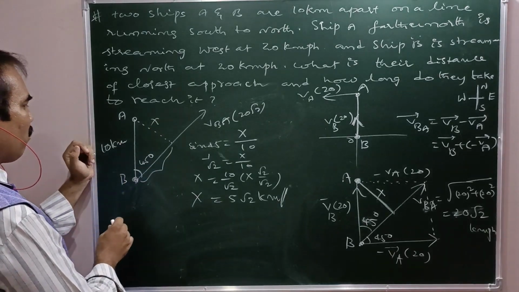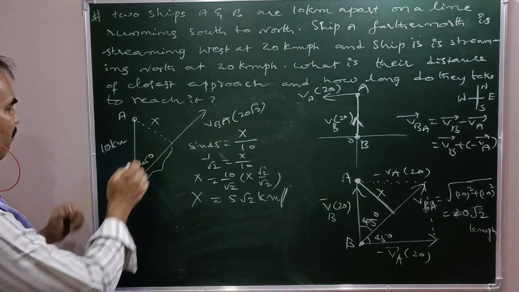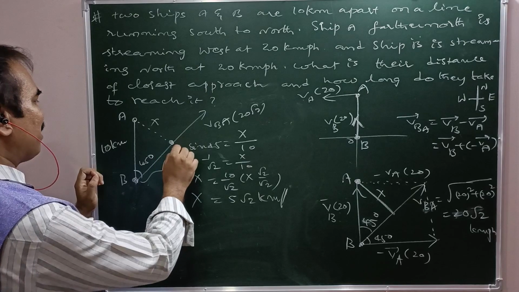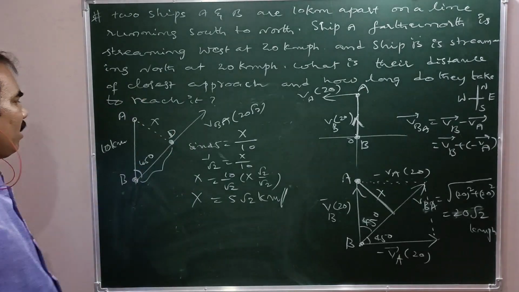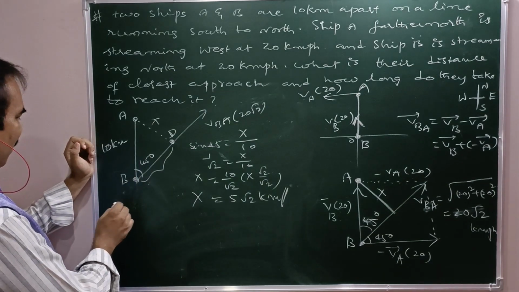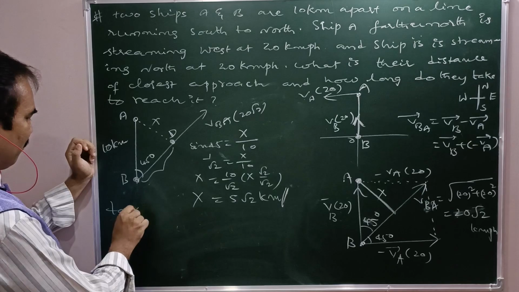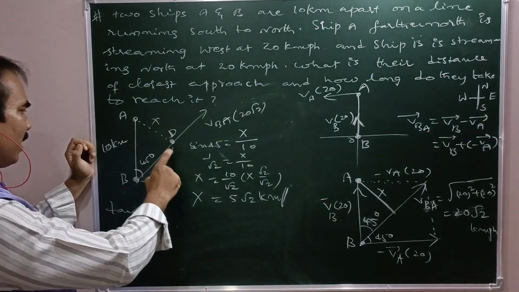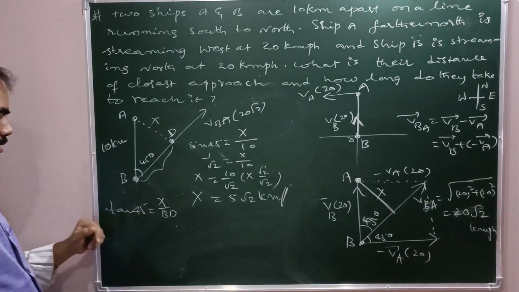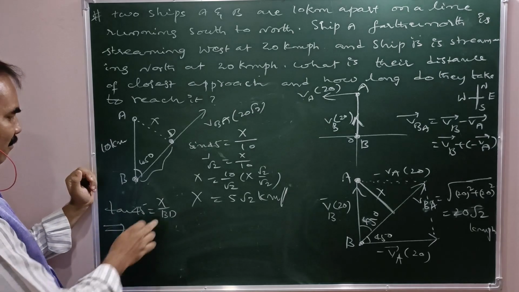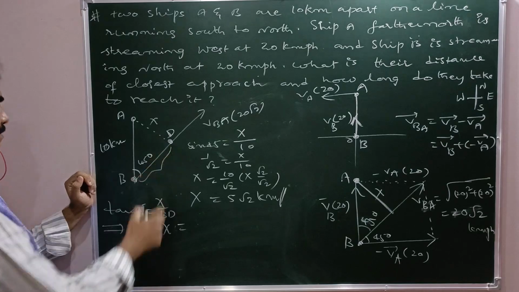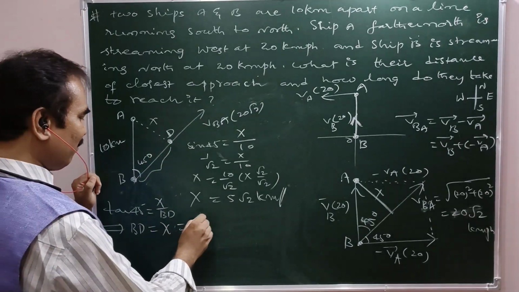Suppose I label it as d. Then tan 45 equals x by BD. Tan 45 means 1, which implies BD also equals x. So in terms of distance, BD is the same: BD equals x, that is 5 root 2.